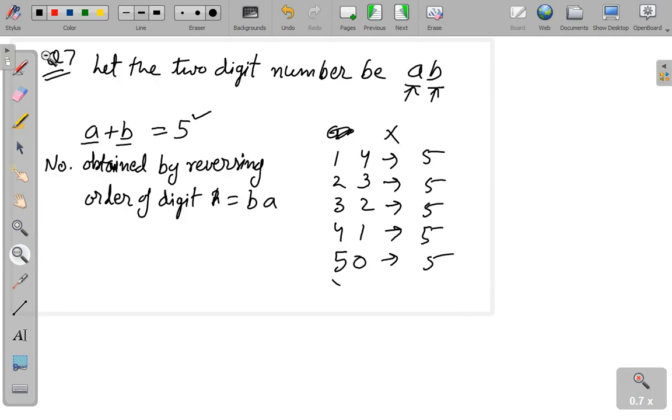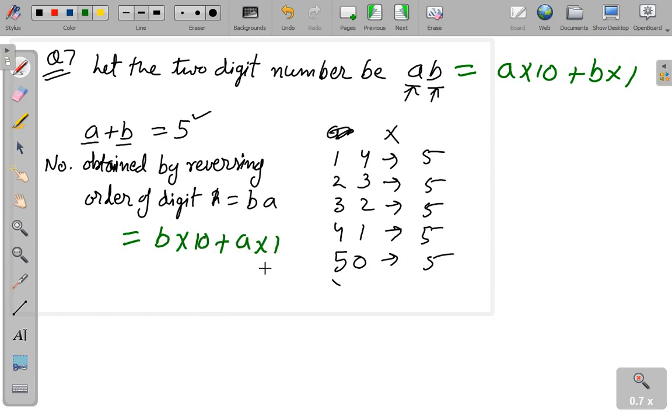Okay, so what I am going to do is write these numbers in expanded form. This is A into 10 plus B into 1, and this number is B into 10 plus A into 1. For further calculation I am going to use the expanded form of these two numbers.